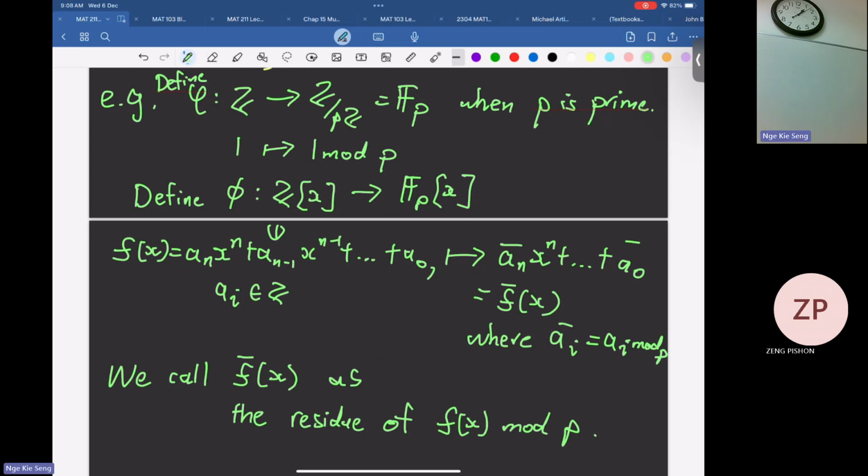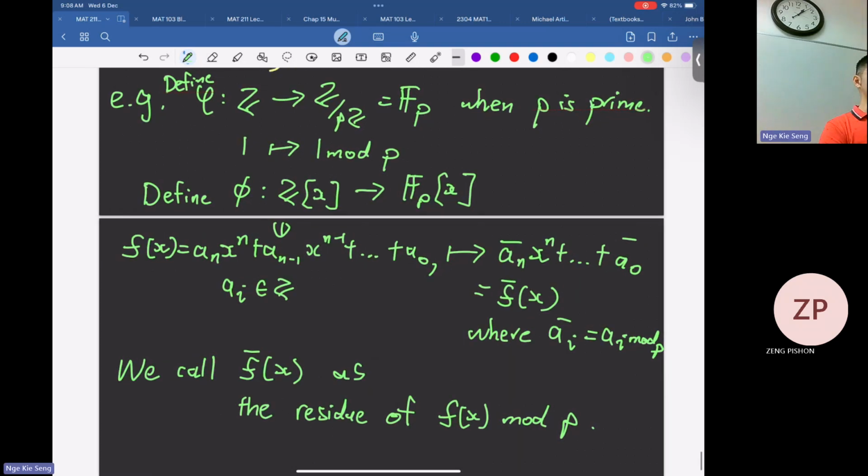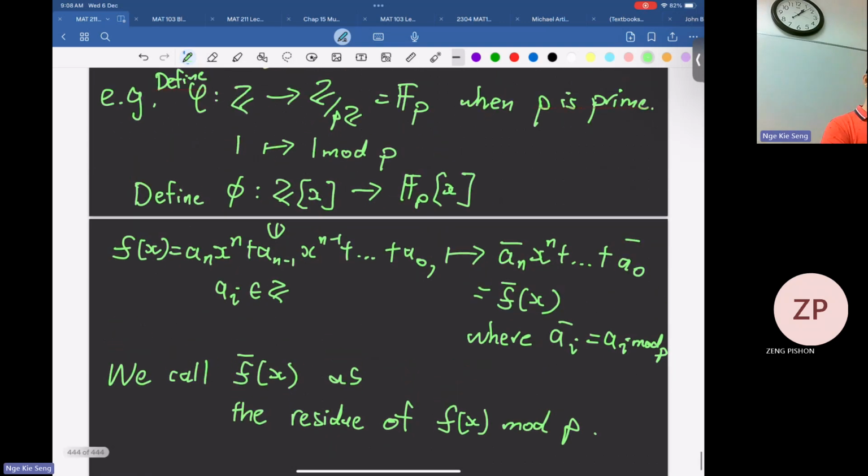Can you imagine what is going on? If you can't, you can ask. Do you want to see a specific example? Yes? Okay, Vincent says yes.